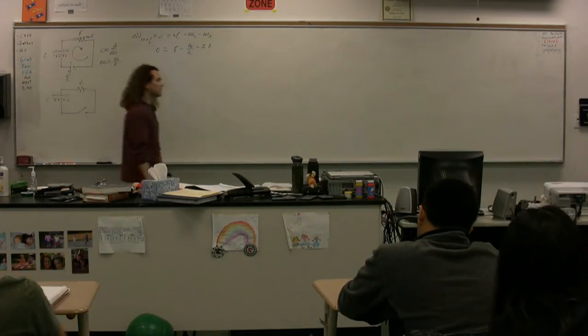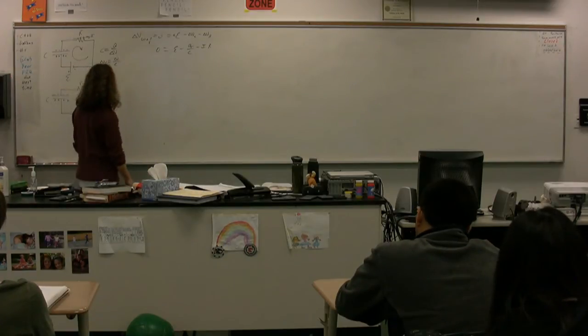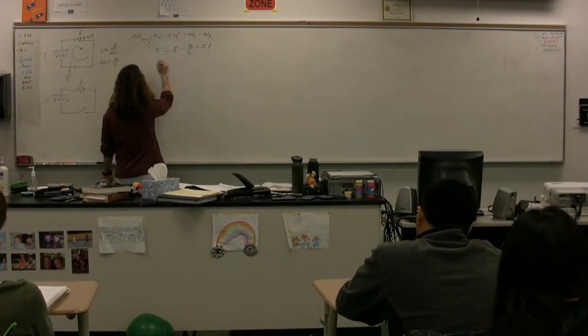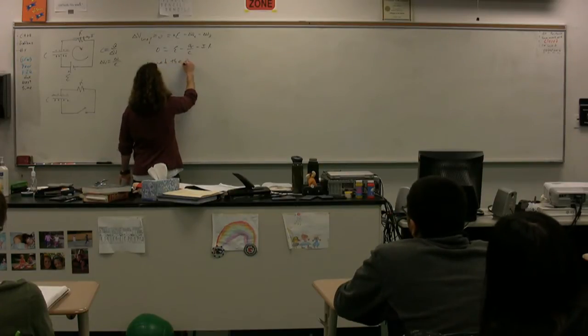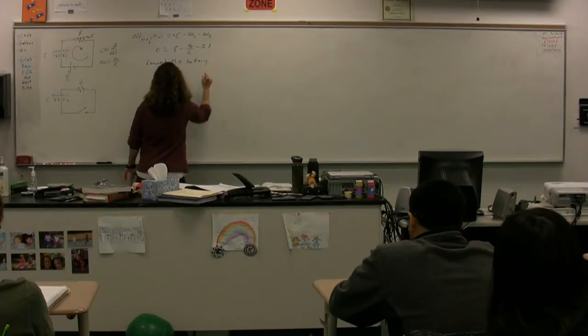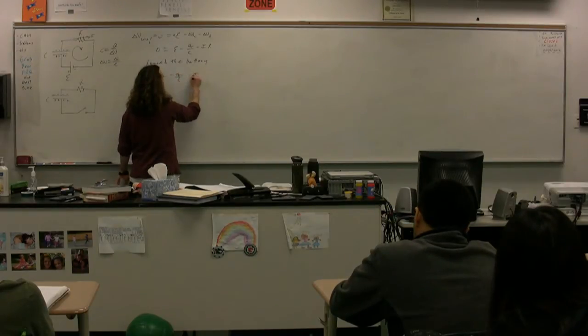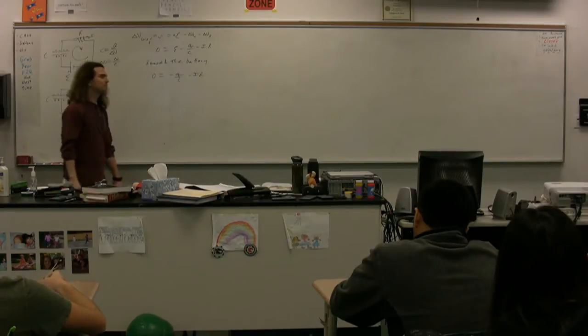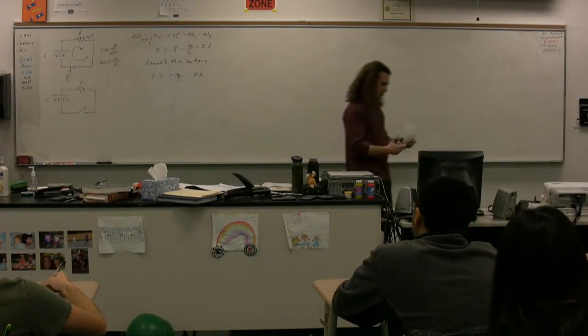Now, when we flip the switch, we have current flowing. We have the exact same situation, but we've removed the battery. So now we have 0 equals negative Q over C minus I times R. Okay, we'll work with that equation in just a little bit.